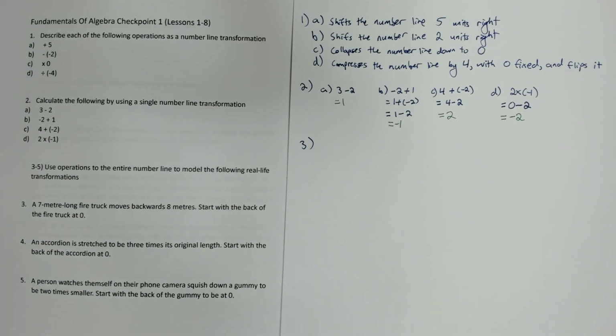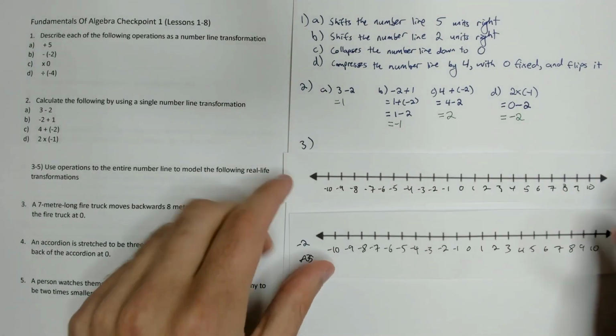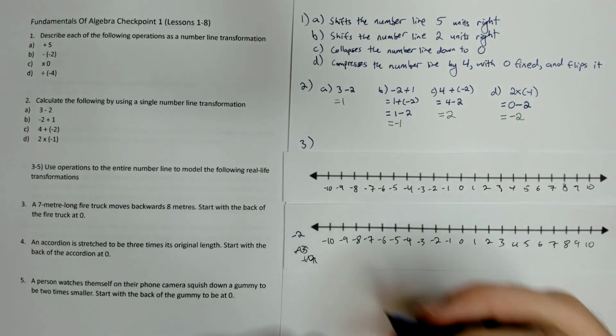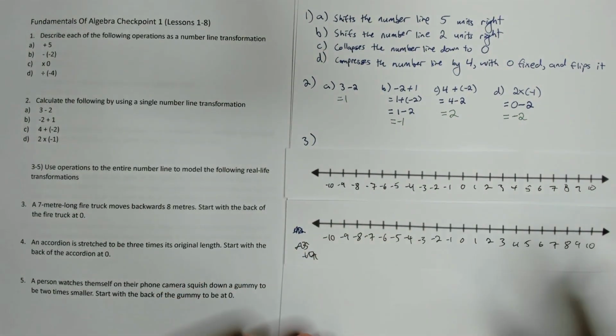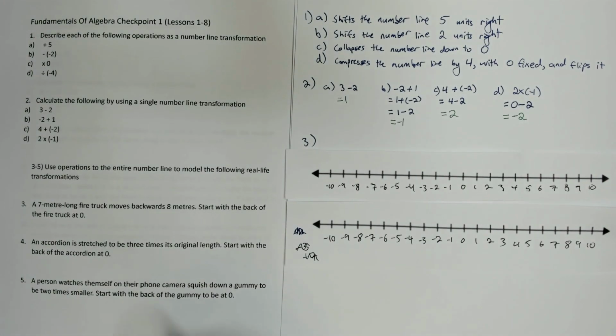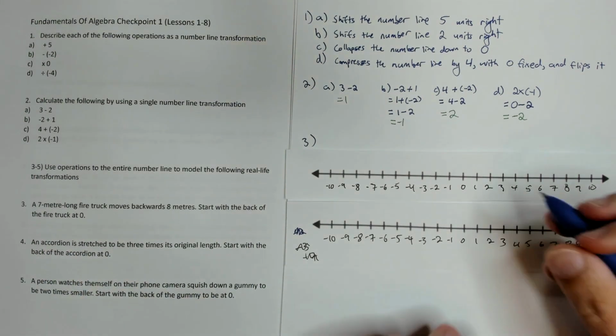So if we take our number lines here, and I'll just cross out this minus 2. I'm trying to be economical with my number line usage here. So we have a 7-meter-long fire truck. So 7 meters, and it says start with the back of the truck at 0.